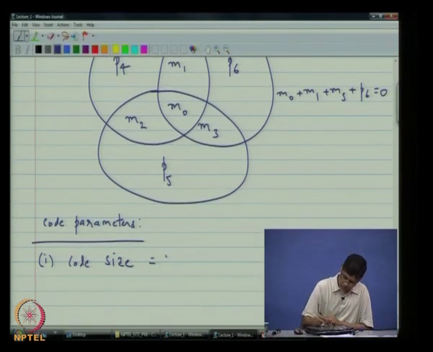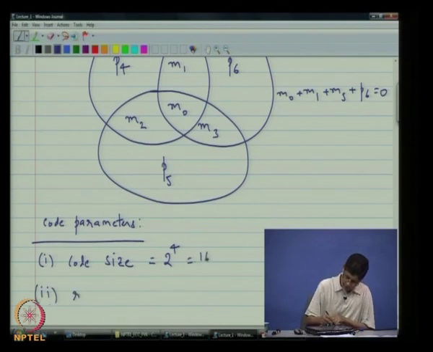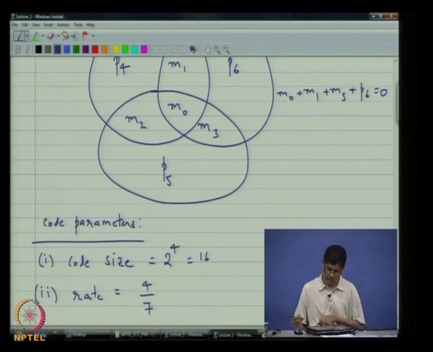So, the size of the code is 2 to the 4, which is 16, and as a consequence the rate of the code is the log of this to base 2 divided by 7. So, the rate of the code is therefore 4 by 7.